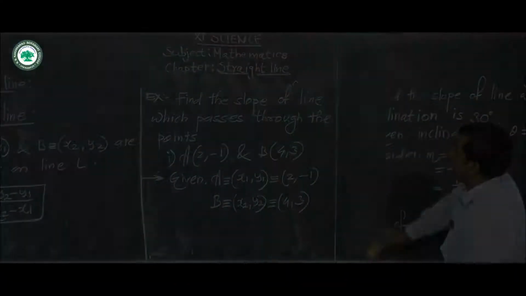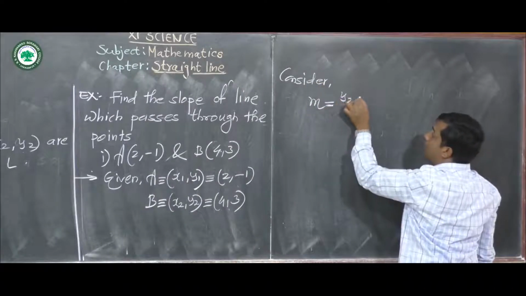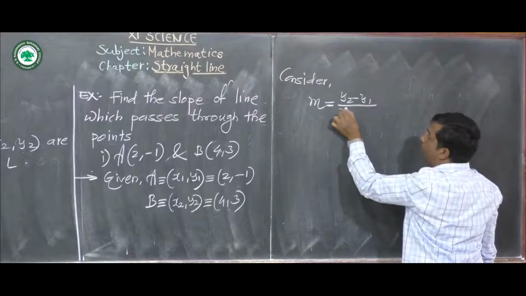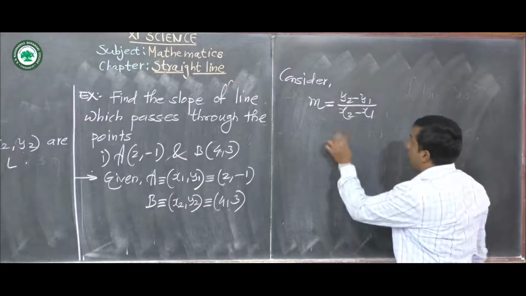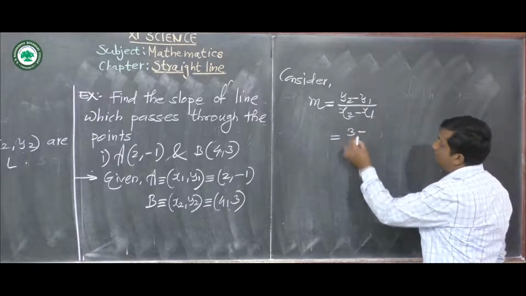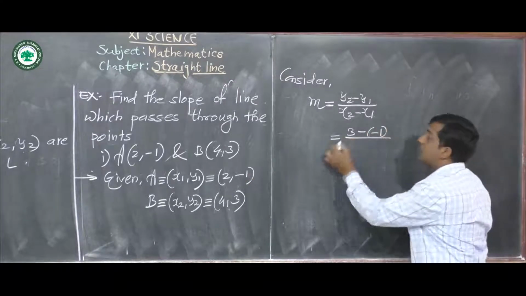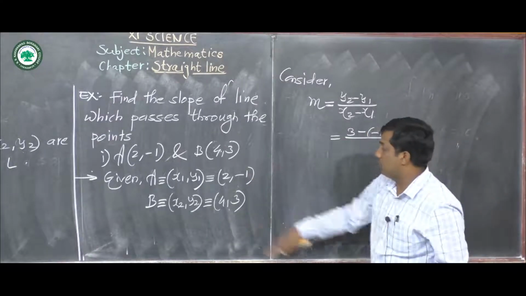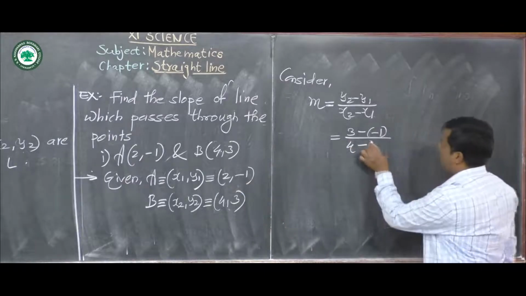So consider m is equal to y2 minus y1 upon x2 minus x1. We know y2 is 3, so 3 minus y1 which is minus 1, and this divided by x2 which is 4 minus x1 which is 2.